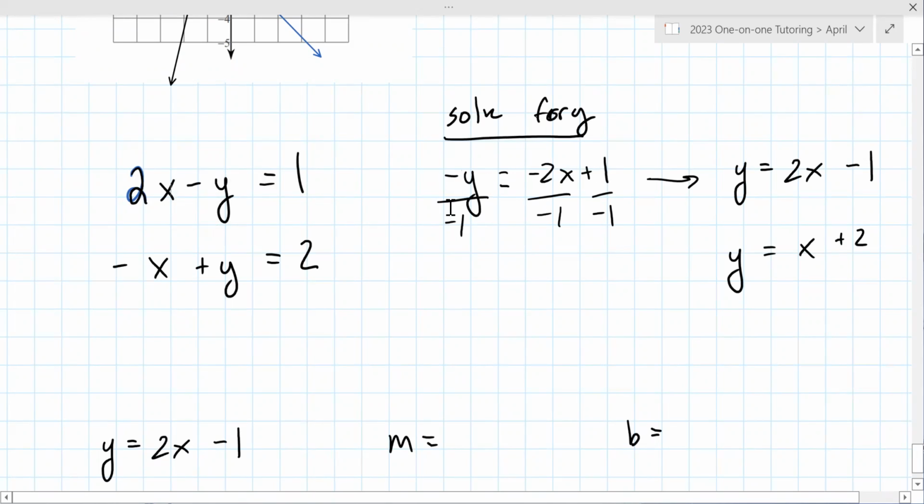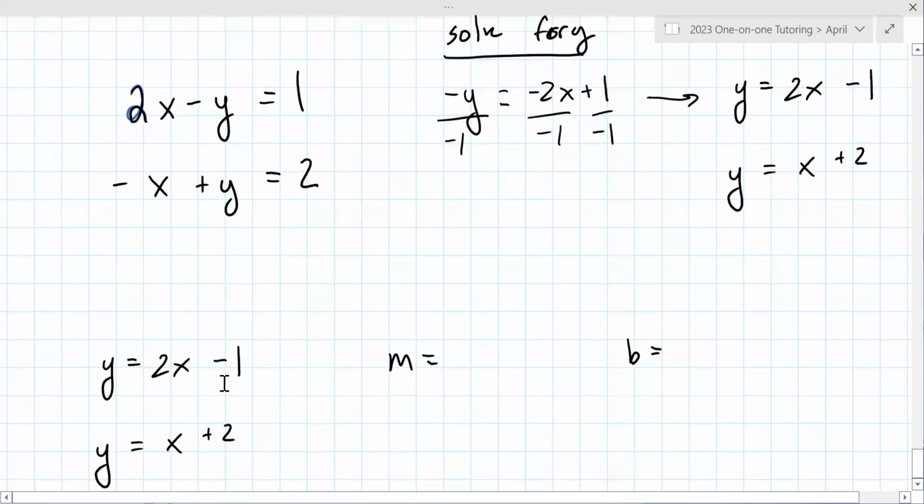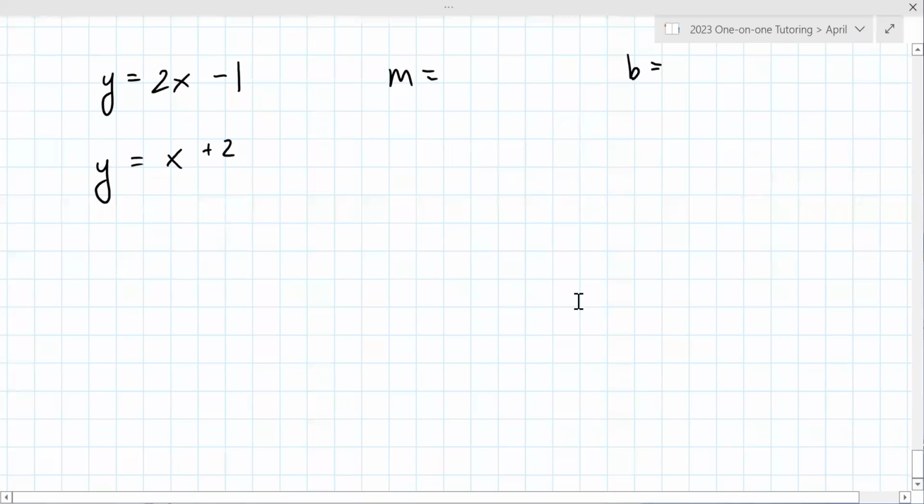And then you're dividing everything by -1. So it's just 1. Well, 1 divided by -1 is -1. Okay, I heard plus 1 here. Maybe I misheard. That's okay. So the slope is 2, but we really write it as 2 over 1. The b value is -1.